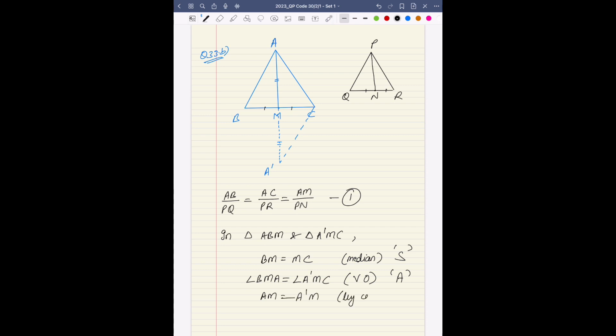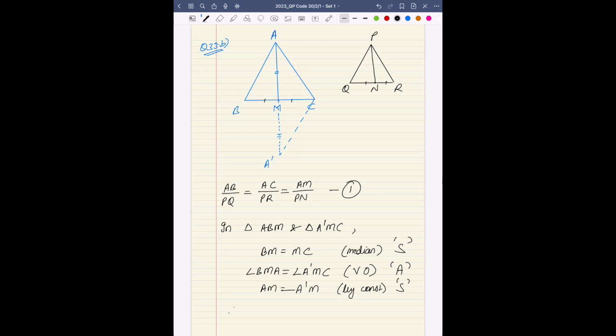So we can say that by SAS, triangle ABM is congruent to triangle A dash CM. We need to write it in order, okay? B corresponds to C and M is common. So these two triangles are congruent.